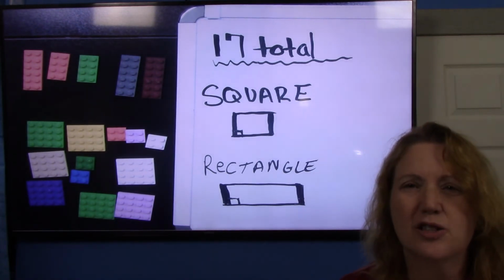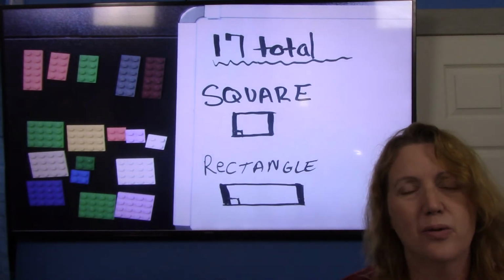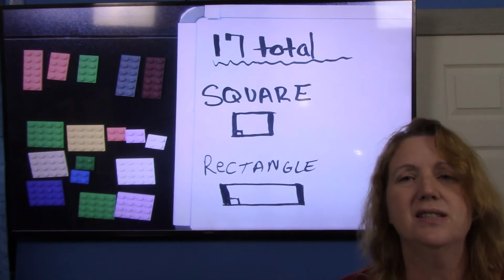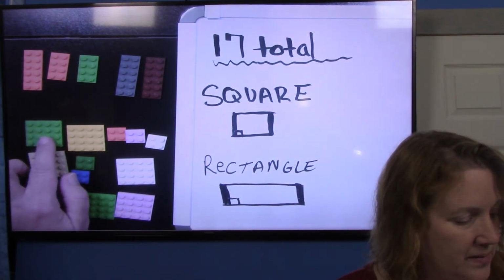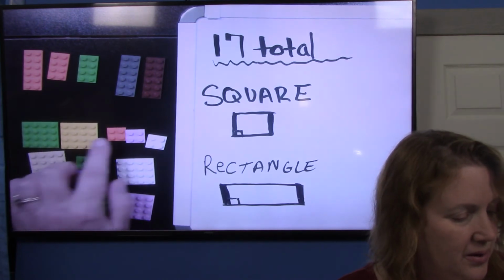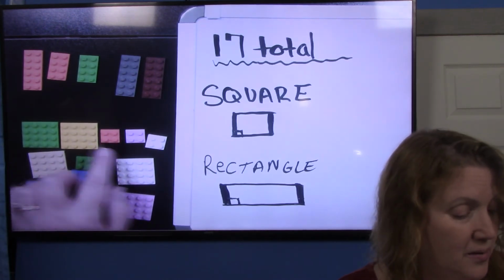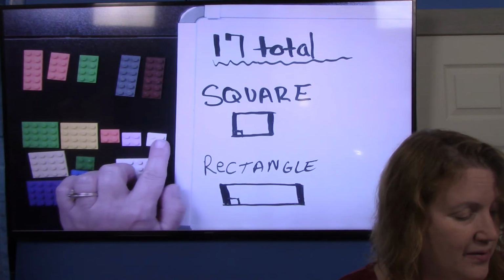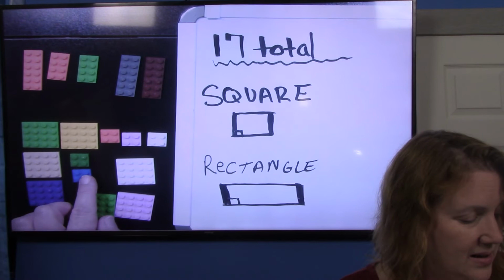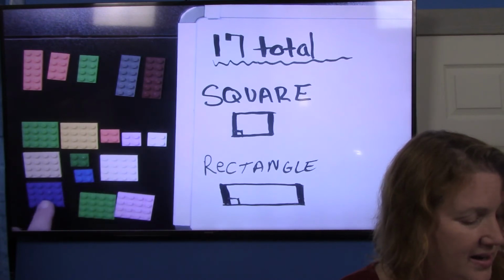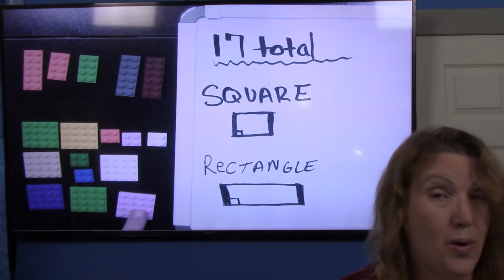How many squares do I have? It doesn't matter whether they're small or big. Let's just see how many total squares I have. 1, 2, 3, you can count with me, 4, 5, 6, 7, 8, 9, 10, 11, 12.